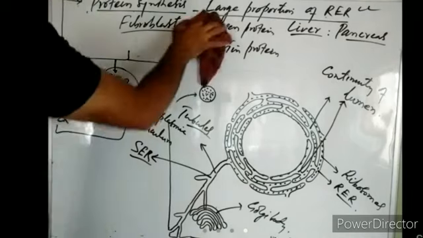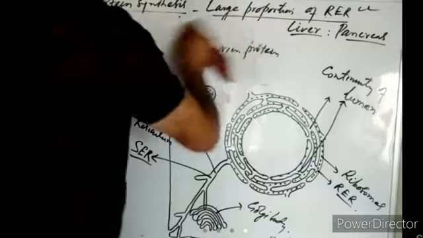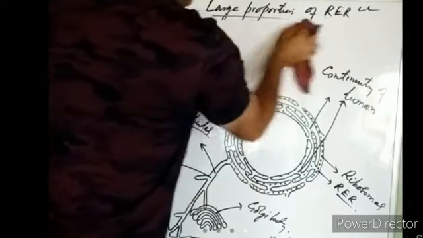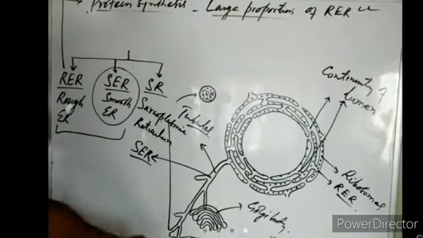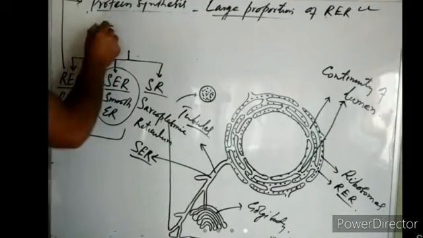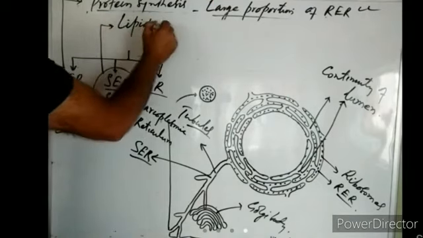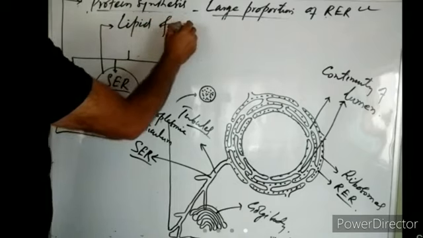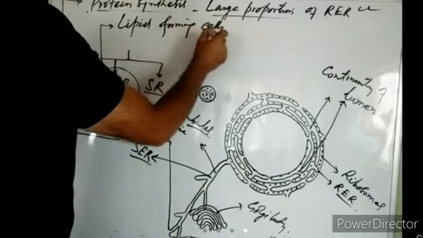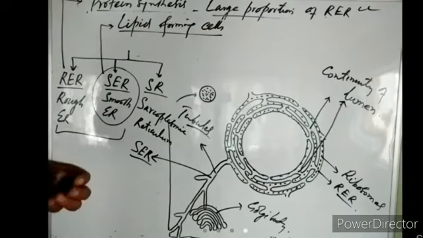So SER, smooth endoplasmic reticulum, is found in large quantities in lipid forming cells. So it has got enzymes for the formation of lipids in it, right?